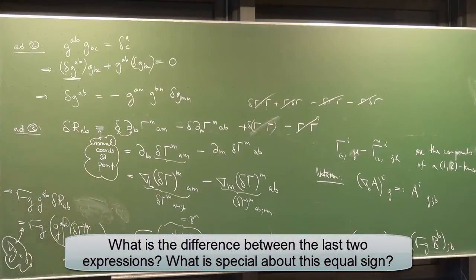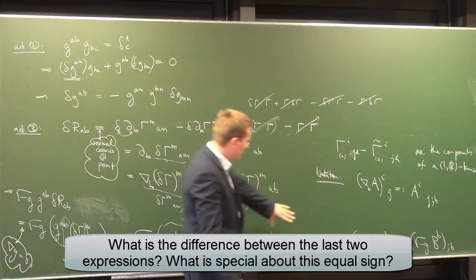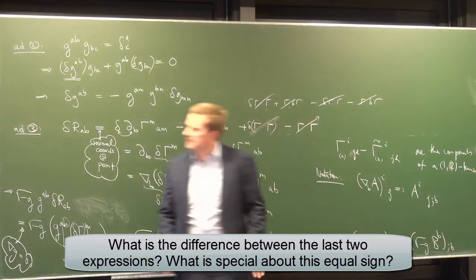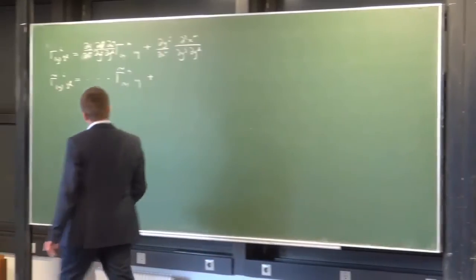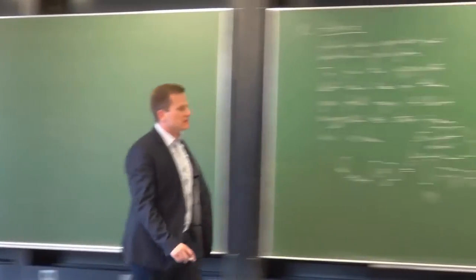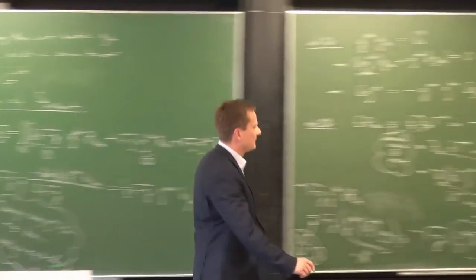It's a tensor. So my question was the difference between the last two expressions. So the last equals that. You just put some brackets. How do you get from here to here? What's the difference? Oh, the comma. I am sorry. The comma is the partial derivative.